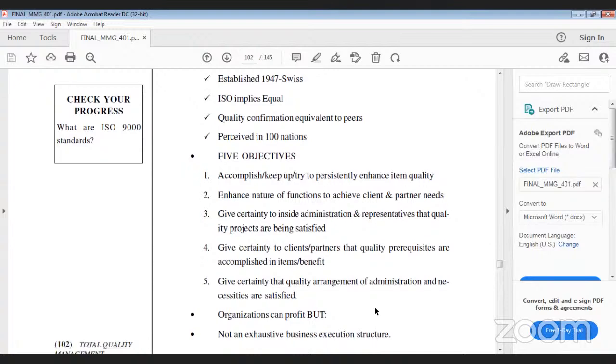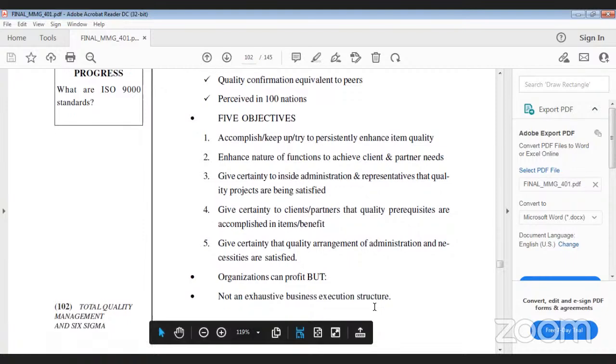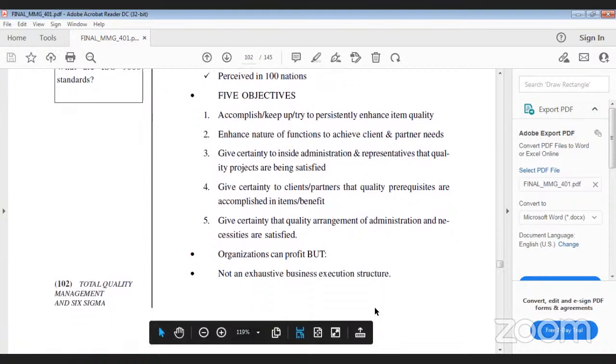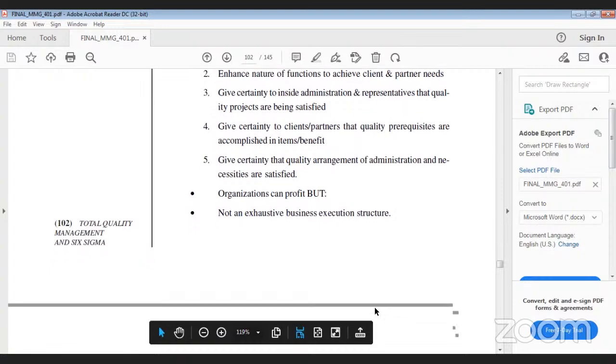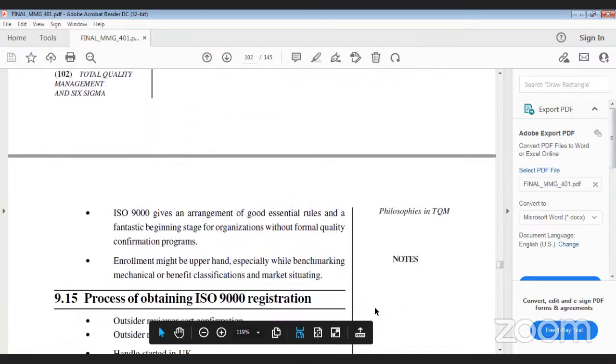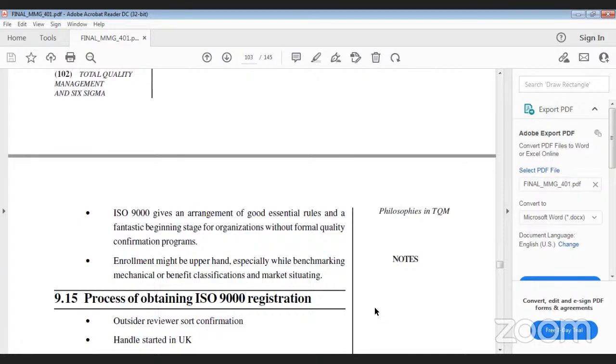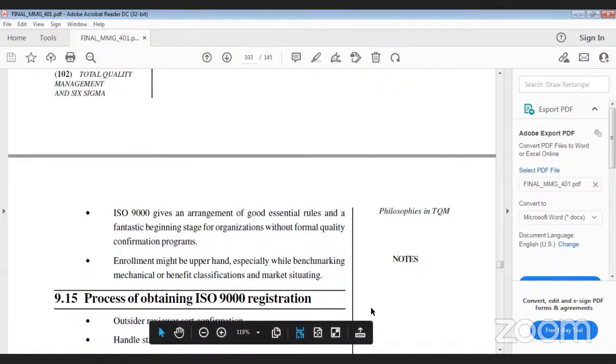In this point, you will find that there are some 2 points here. Organization can be profit, but not an exhaustive business execution structure. And third point is that ISO 9000 gives an arrangement of good essential rules and a fantastic beginning at the stage of organizations without formalities.